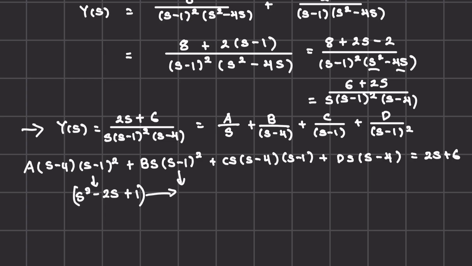Then we need to multiply s squared minus 2s plus 1 with s minus 4.